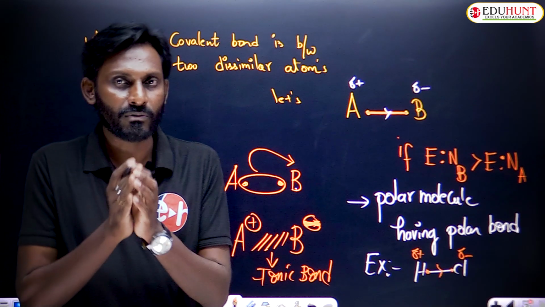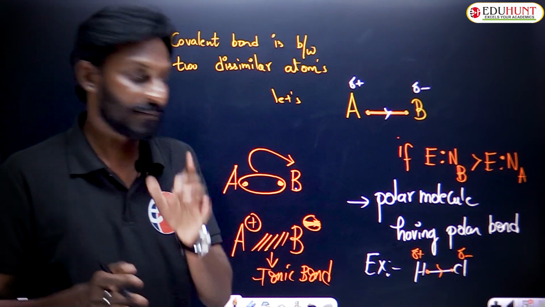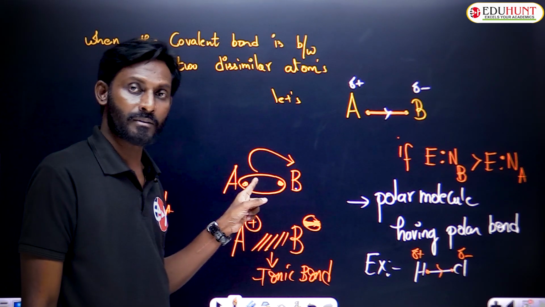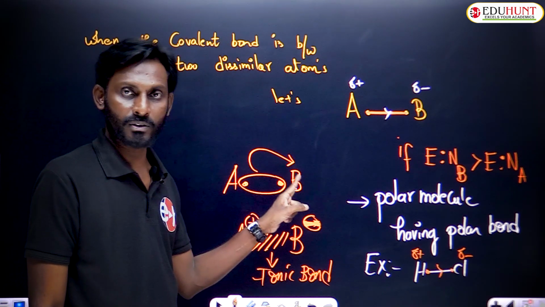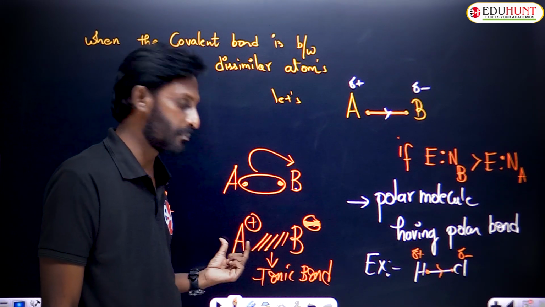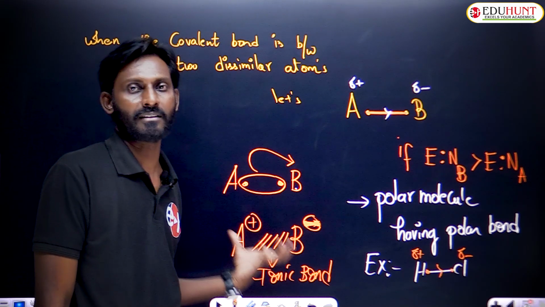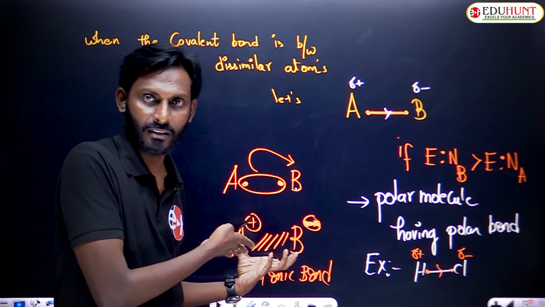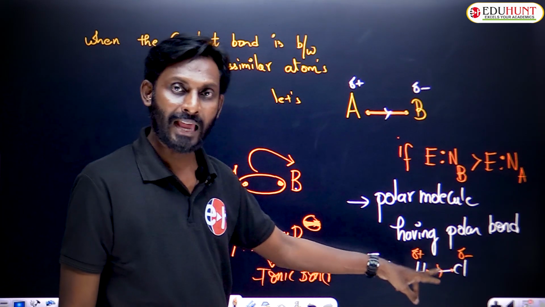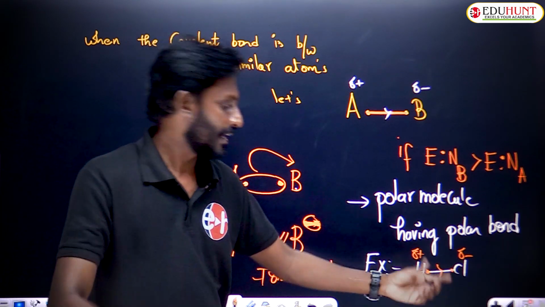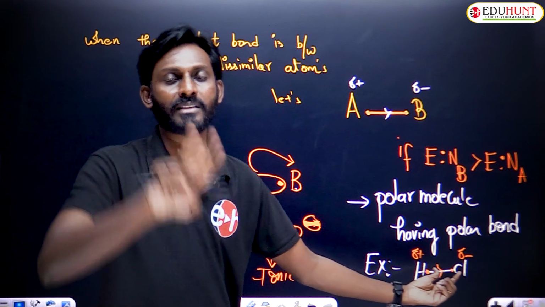You can take it this way: if the electron pair is completely moving towards one atom, full negative, full positive, that is completely ionic, majority ionic character, it's not covalent. Here what happened? Actually there is sharing, but unequal sharing.